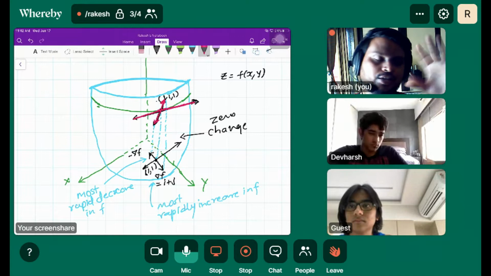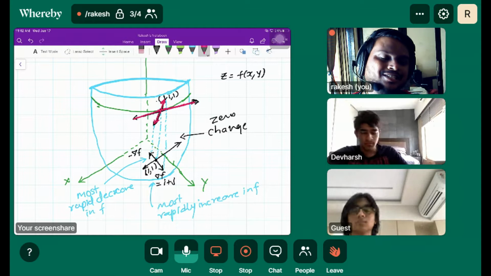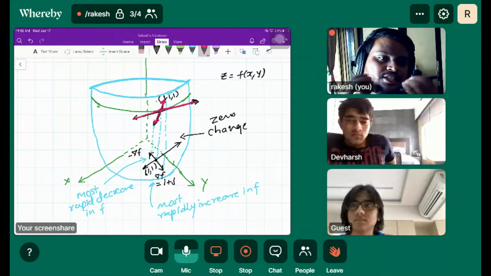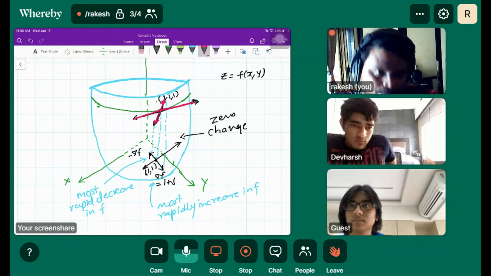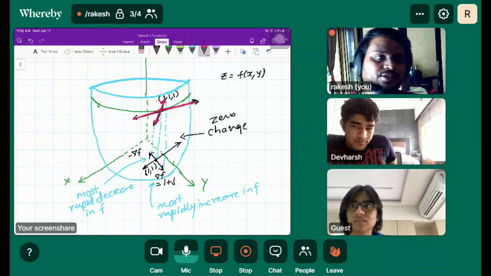Think in this way. If you are climbing a mountain, where do we discuss the steepest point or the flat surface? On the xy plane on earth, or at some point on the mountain?